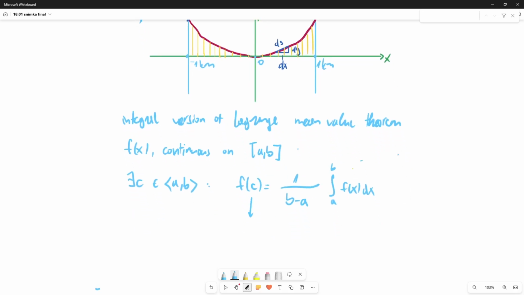So this is the mean value of f of x on the interval between a and b.